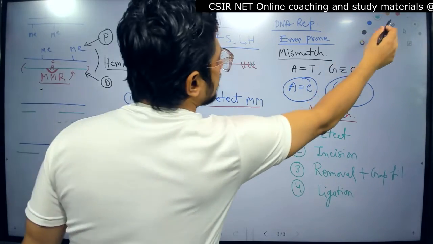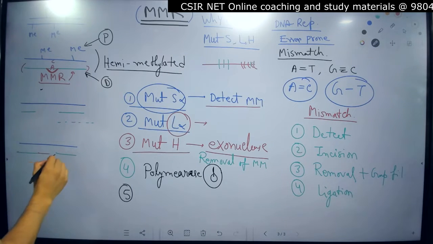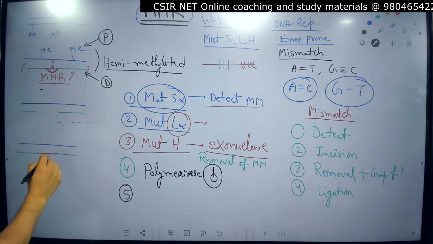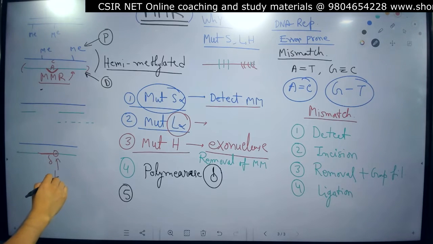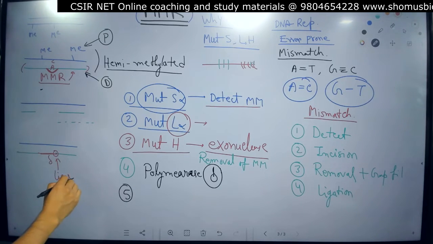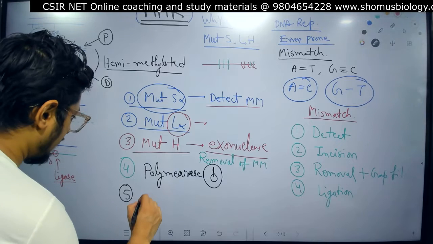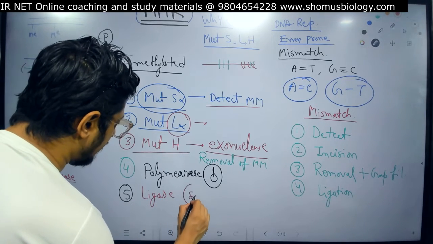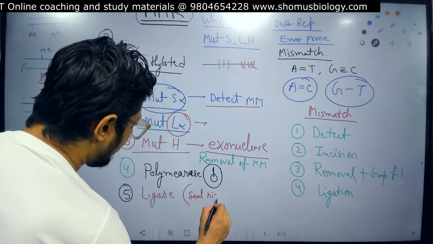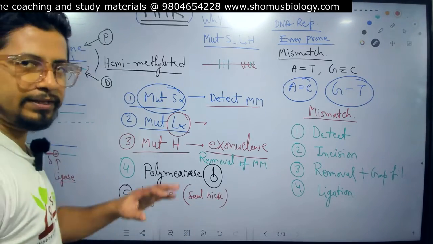The newly synthesized DNA is denoted here with this red color, and delta fills this gap. After the gap is filled, this nick should be sealed by DNA ligase enzyme, and that is the job at the end.